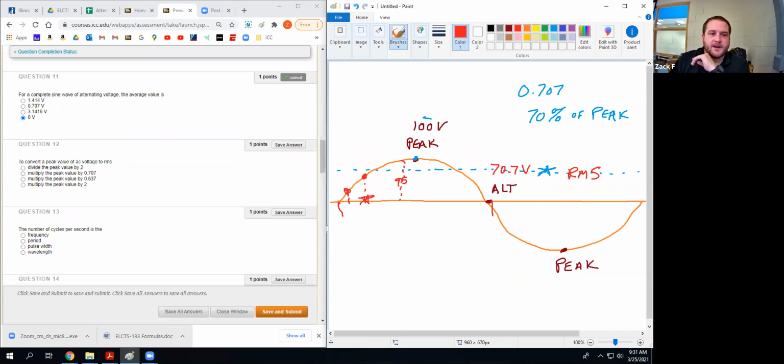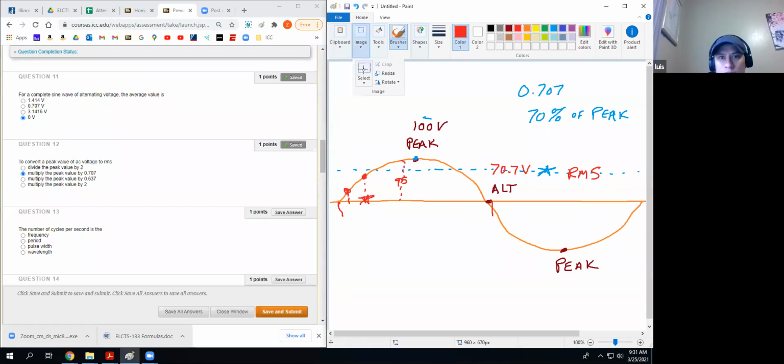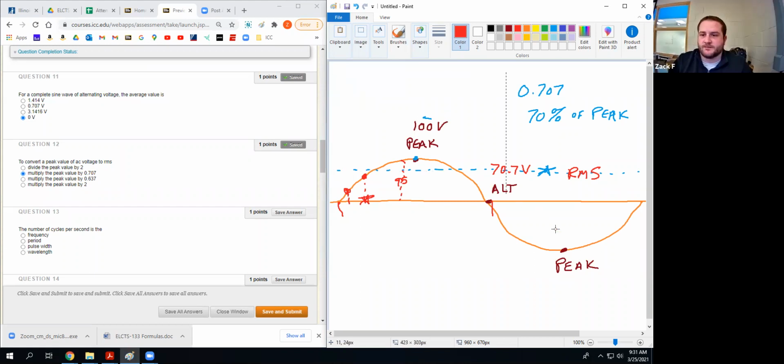So if you were converting peak value to RMS voltage, you would multiply the peak value times 0.707. But what if I had an RMS value and I needed to convert it to peak? You divide. There's a couple ways you can do it.